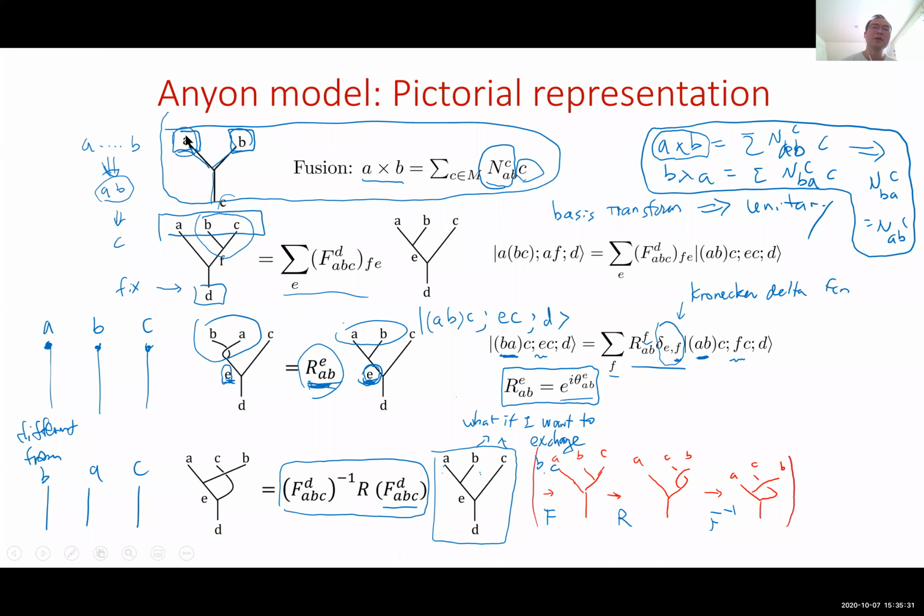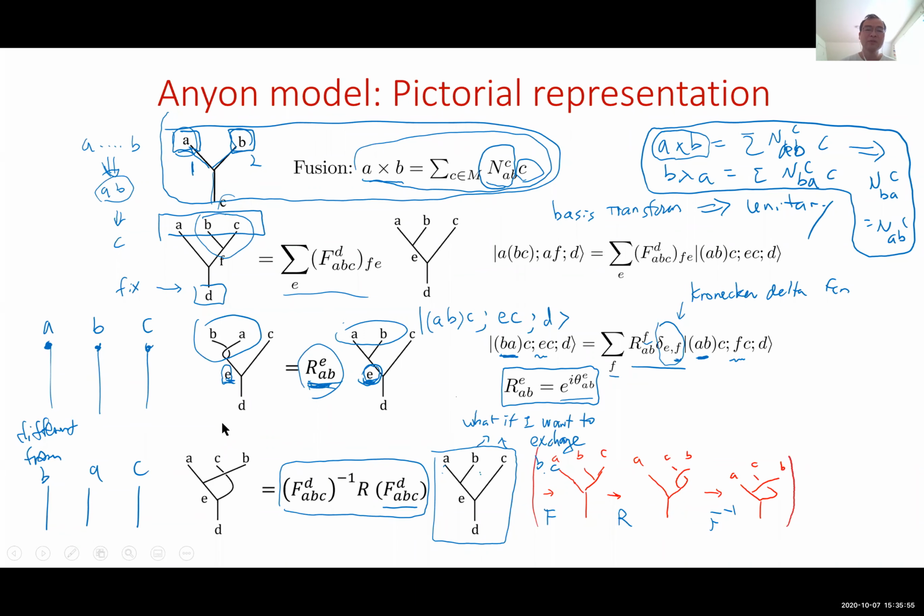Maybe when I do A, B fuse to C, I say A at location 1, B at location 2. But here, when we talk about fusion in this way, we don't specify their location. Does that make sense? Thanks. Okay.